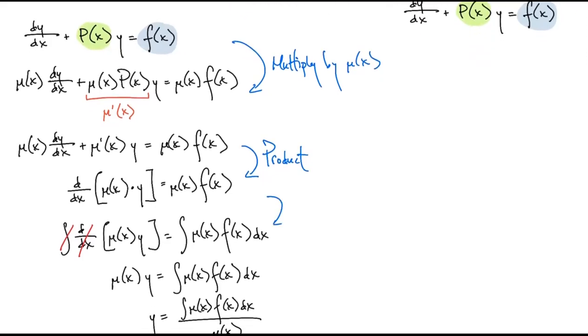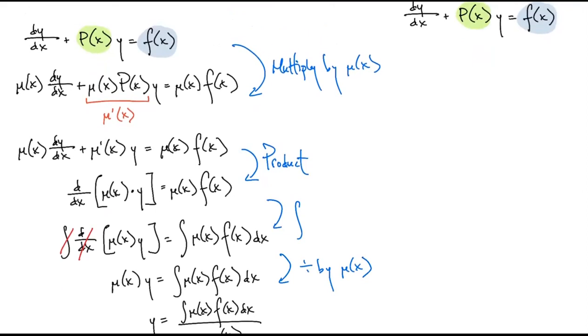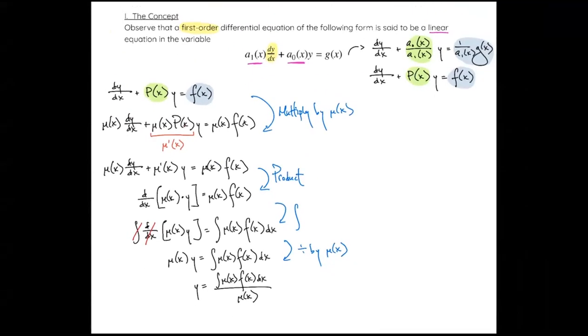That allowed us to integrate both sides, and then we divided by mu. So the thing we multiplied through by, we actually divided away, so it didn't change our problem. Okay. So how we feeling conceptually here?